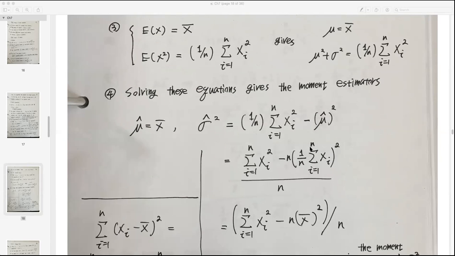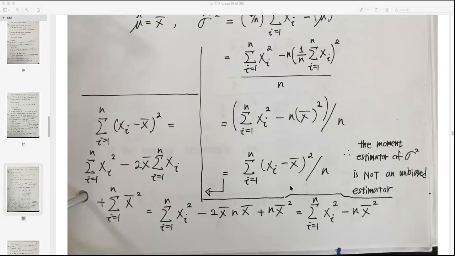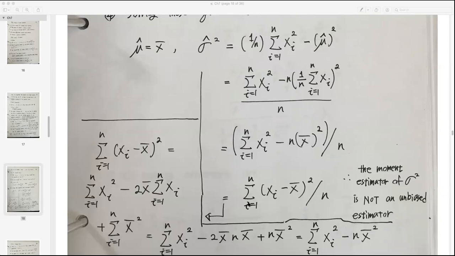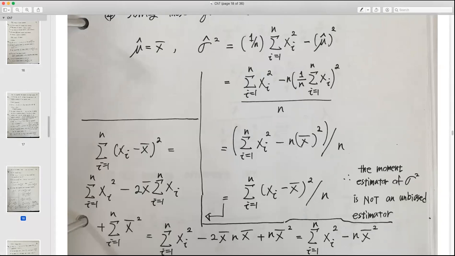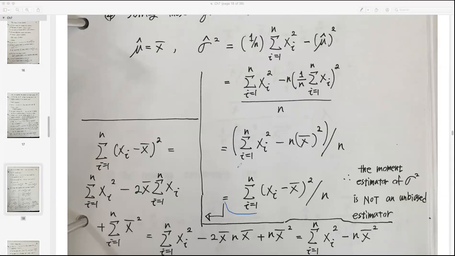Doing some algebra, we get this. So we get sigma hat squared equals the sum of xi minus x bar squared over n.